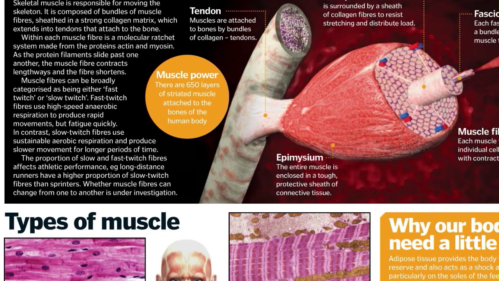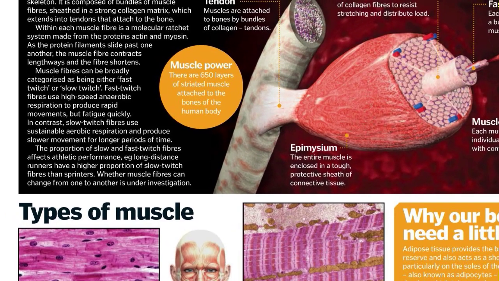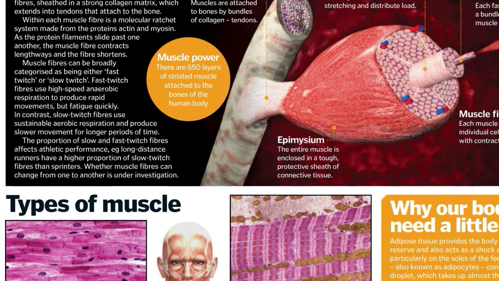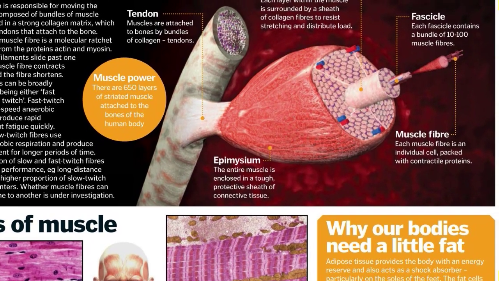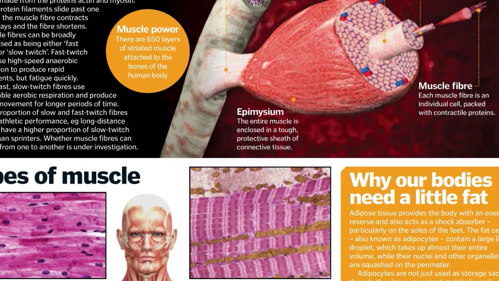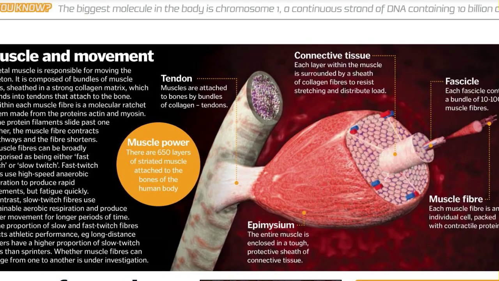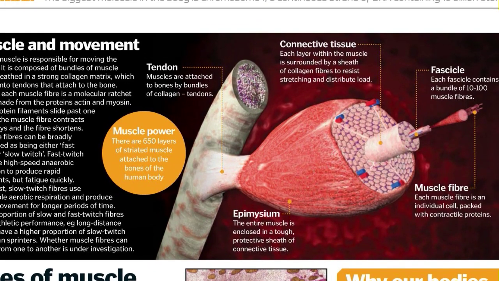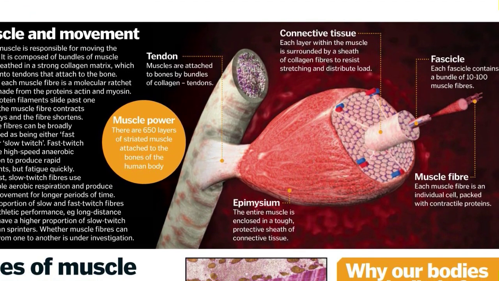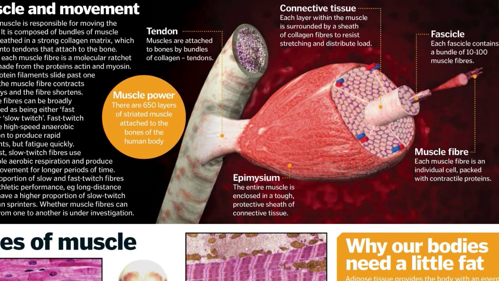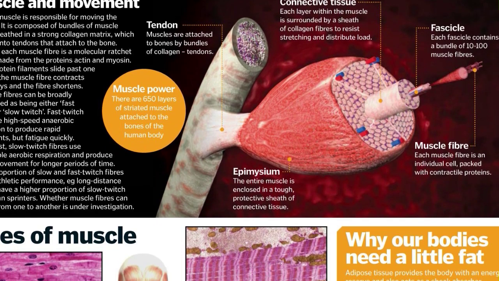In muscle power, there are 650 skeletal muscles attached to the bones of the human body. Tendon, as you see here, this is the muscle and this is called the tendon. The muscles are attached to bone by bundles of collagen.